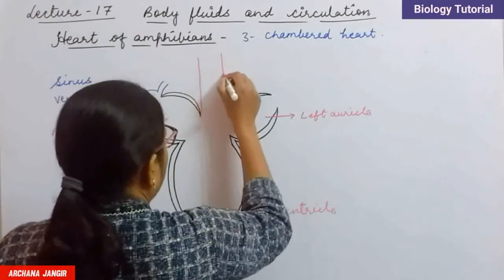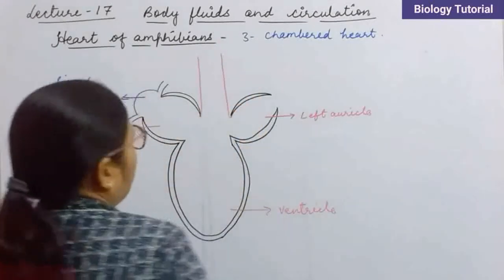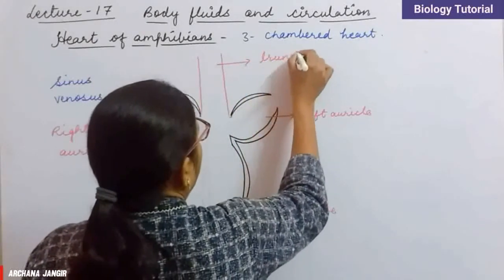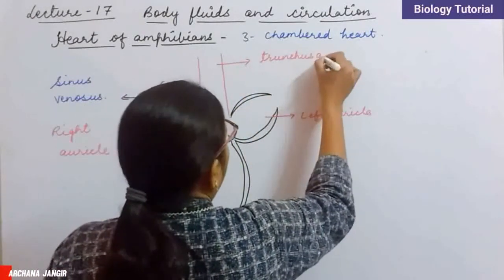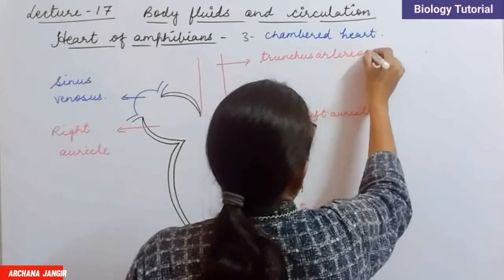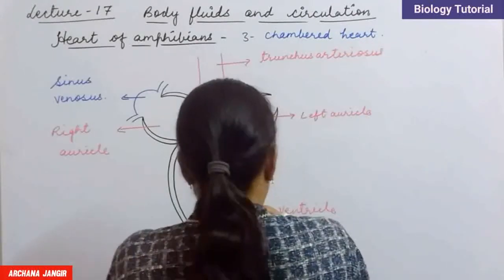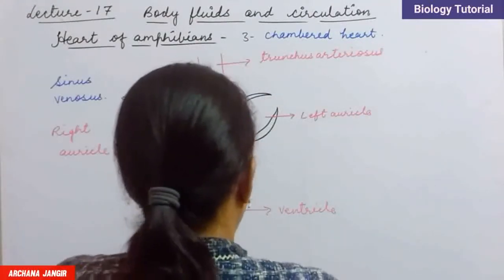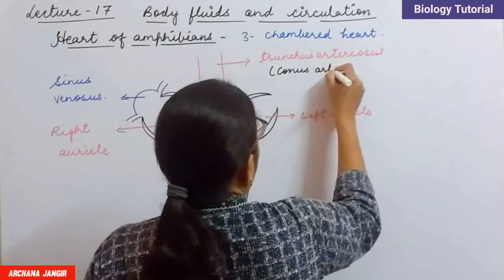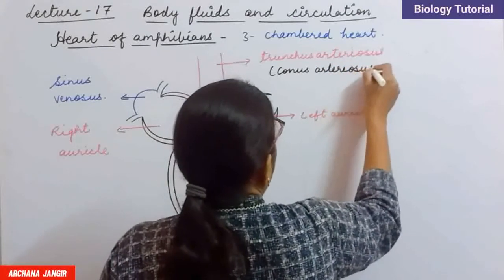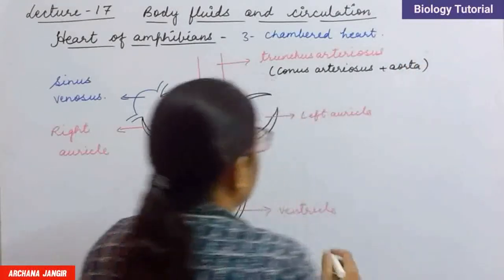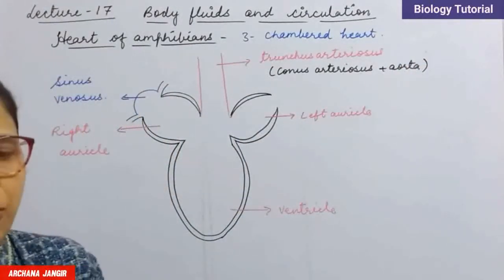Clear? And it is formed by the merging of conus arteriosus and aorta. Both of these merge and form truncus arteriosus.